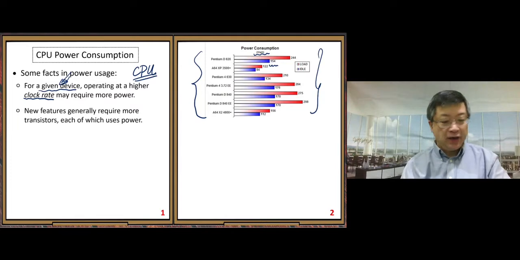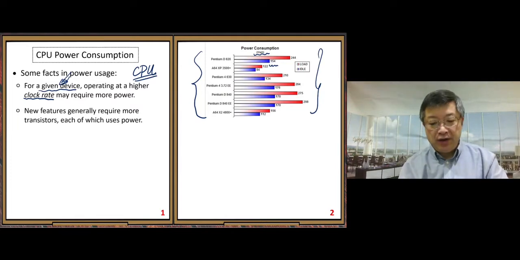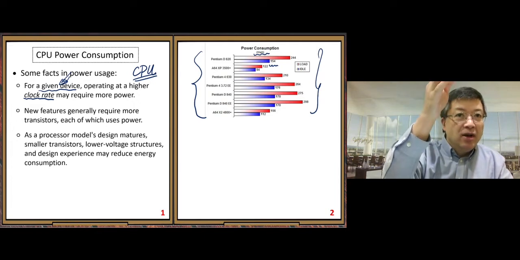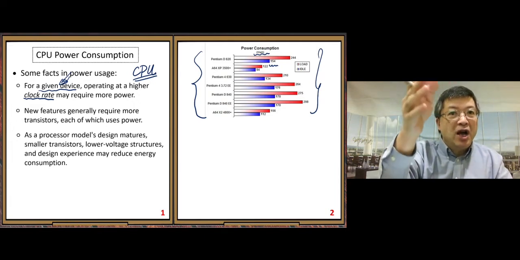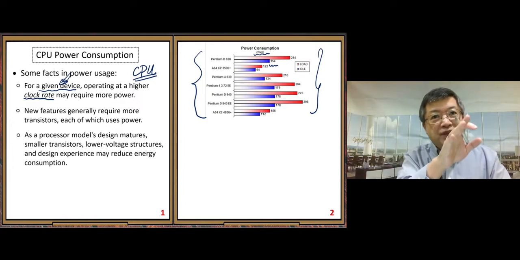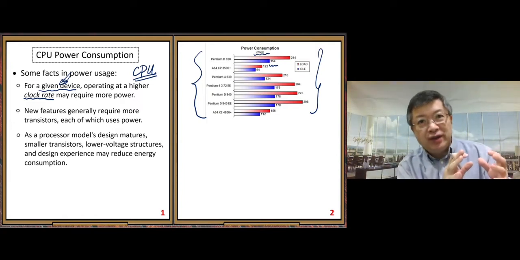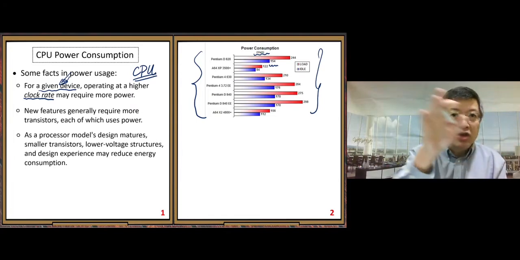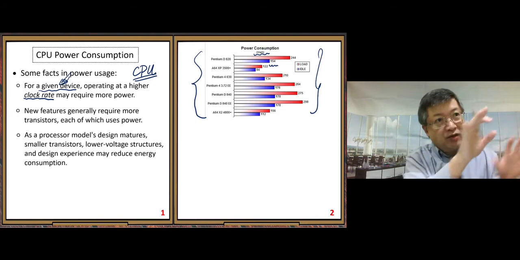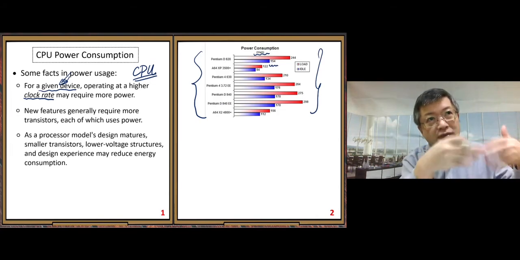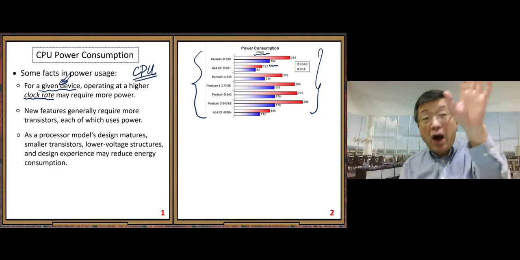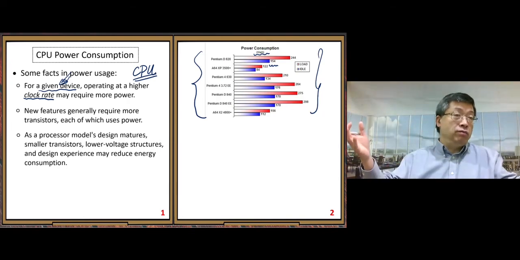All right, so we will see another picture soon. Now, as the processor models' design matures, smaller transistors, the size smaller, and lower voltage structures, the voltage. So you apply voltage on transistors, which is also related to power consumption. The higher the voltage, the more power, right?